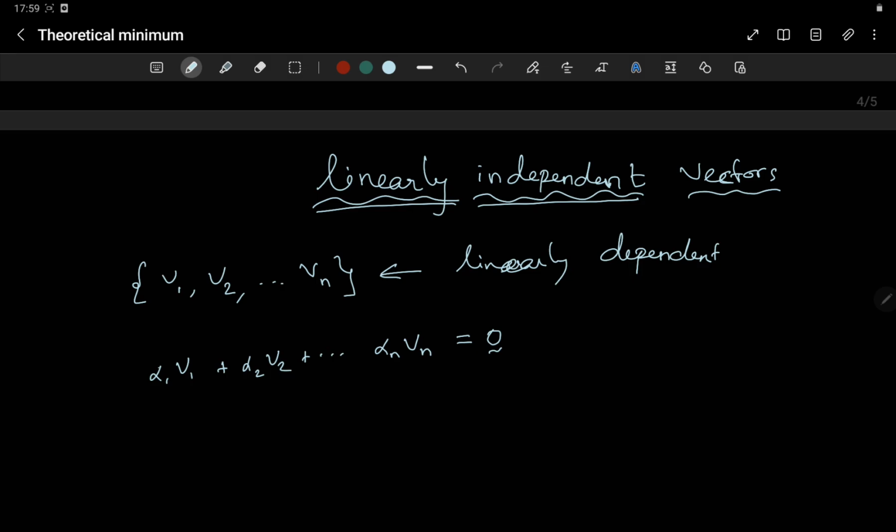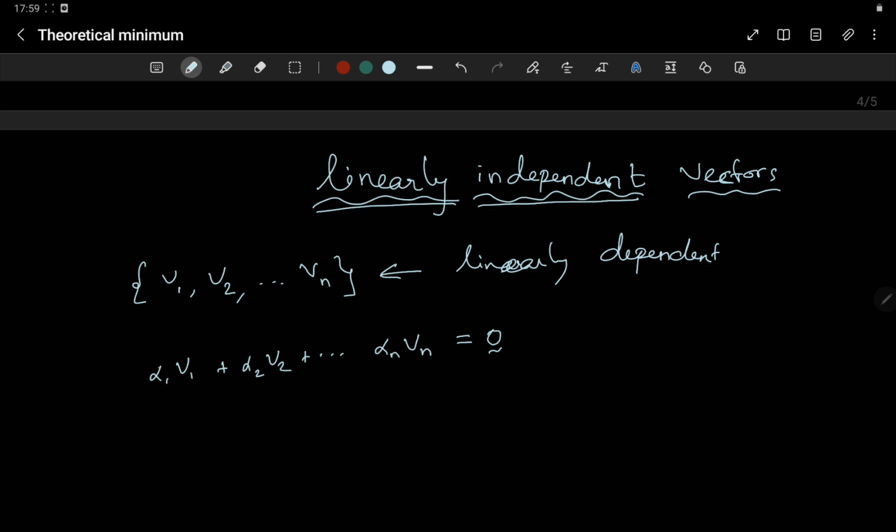So one obvious solution is to put alpha 1, alpha 2, alpha 3, everything 0. Then irrespective of whatever v1, v2, v3 are, it's always going to be 0. So that's a trivial solution. The alphas should be such that it is a non-trivial solution, or in other words, at least one of the alphas should be non-zero.